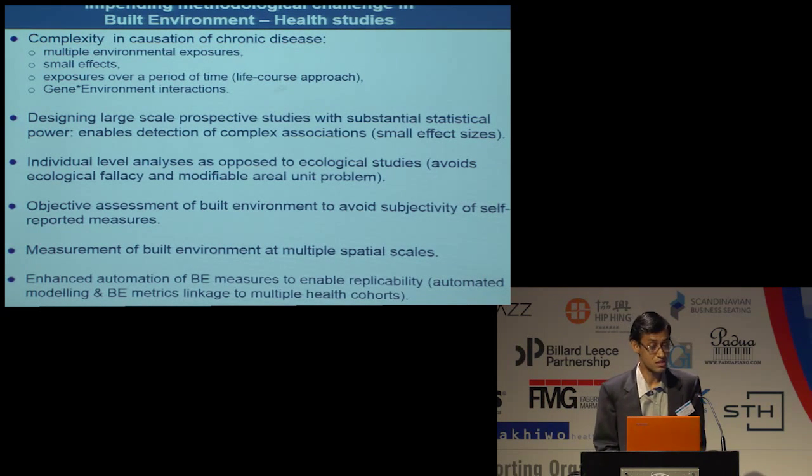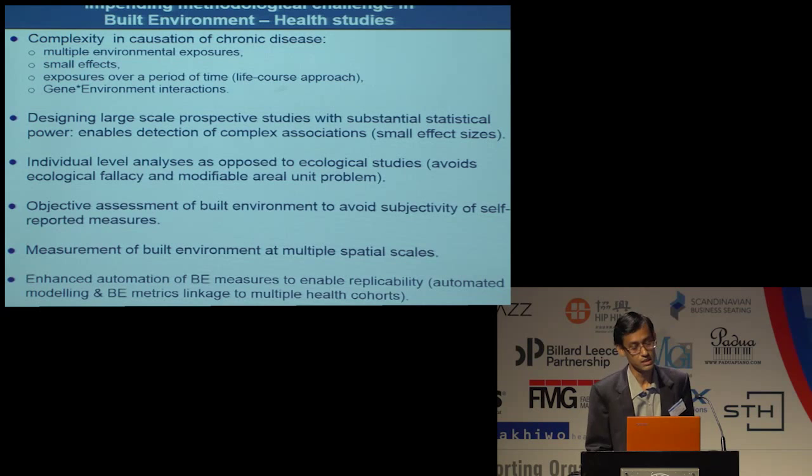So we should design large-scale prospective studies which have more statistical power, and individual-level analysis as opposed to ecological studies, which suffer from the modifiable areal unit problem and ecological fallacy. We need objective measures of the built environment as opposed to subjective measures, which are mostly self-reported. We should measure the built environment at multiple urban scales so that we can pinpoint the exact urban scales which affect a specific outcome, and enhance automation of built environment measures to enable replicability across different epidemiologic cohorts across the world.